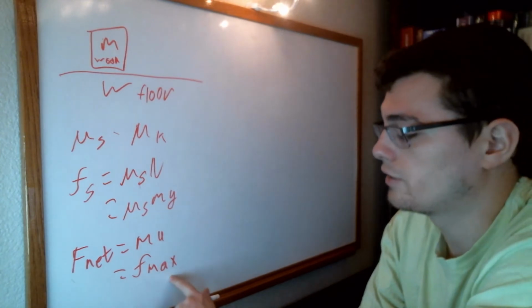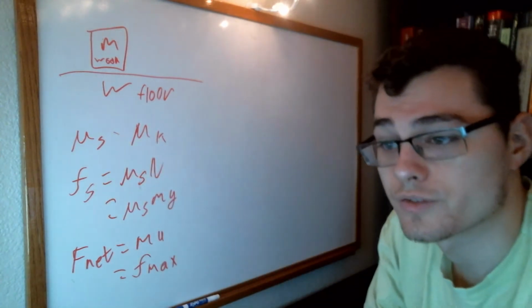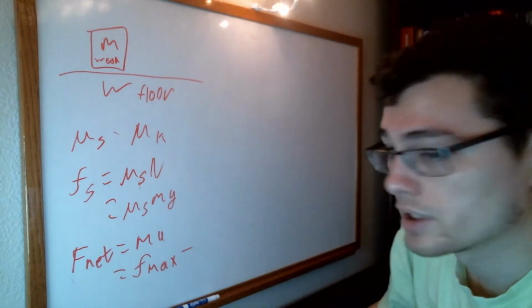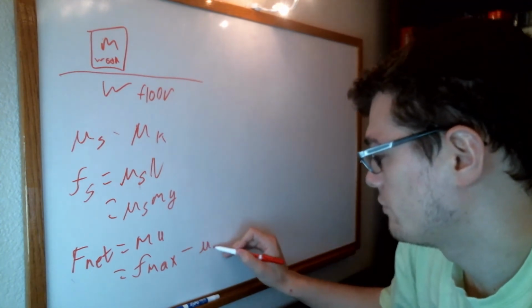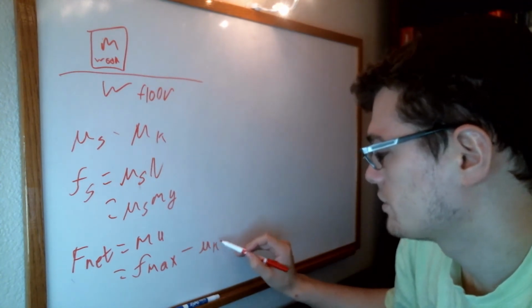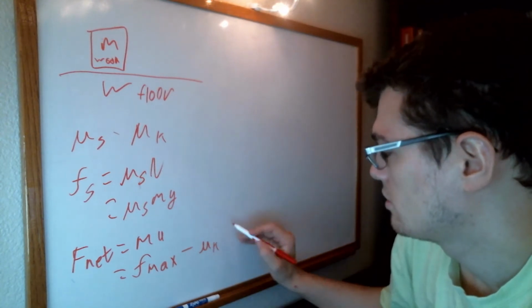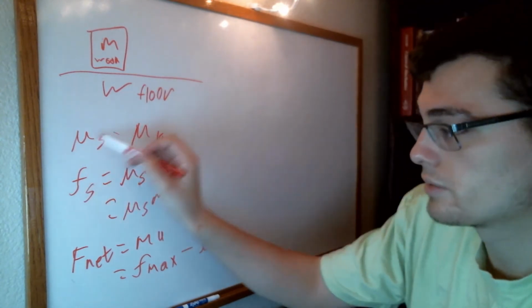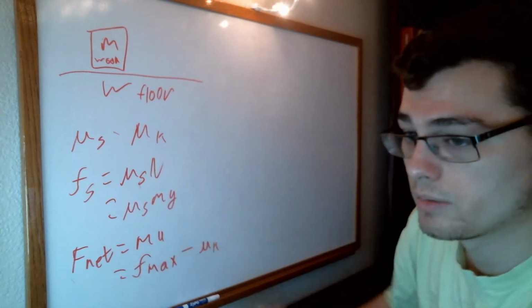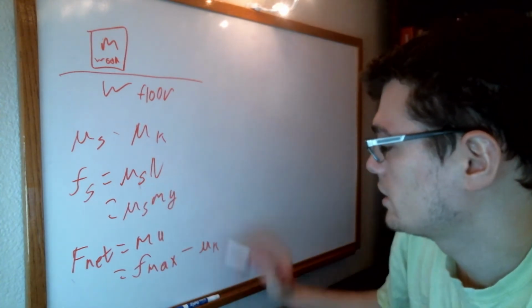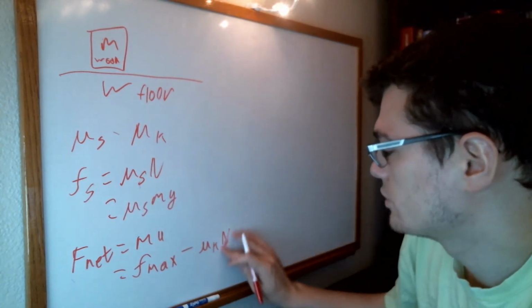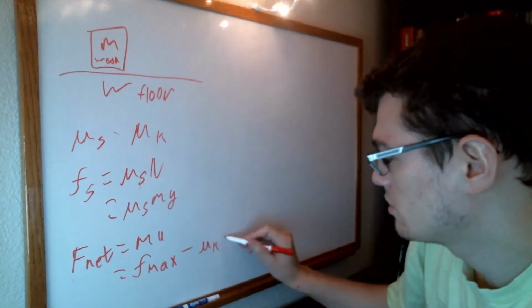We're exerting the force that it took to break the coefficient of static friction. And then we can subtract the frictional force here, which is mu k N, which is just equal to mu k mg.